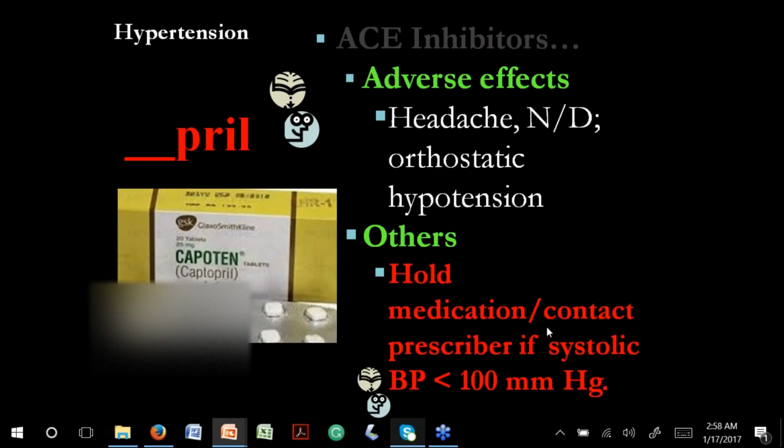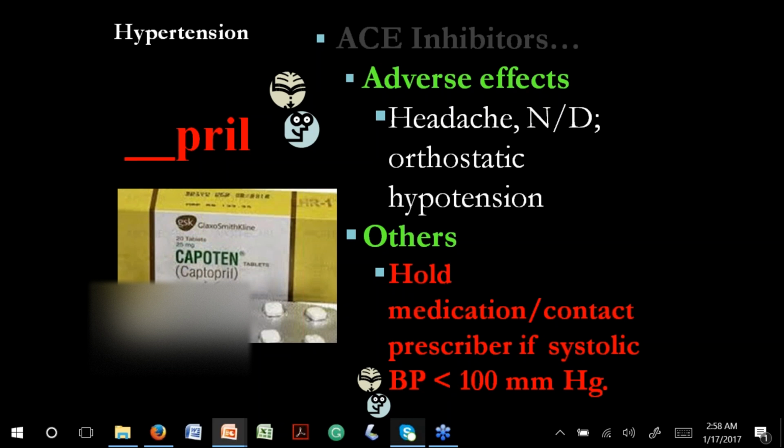All right, adverse effects. In general, all antihypertensives are going to cause orthostatic hypotension. Very important here is that these medications need to be held if the blood pressure is lower than 100 millimeters of mercury.